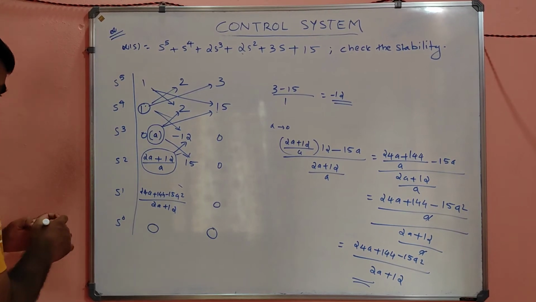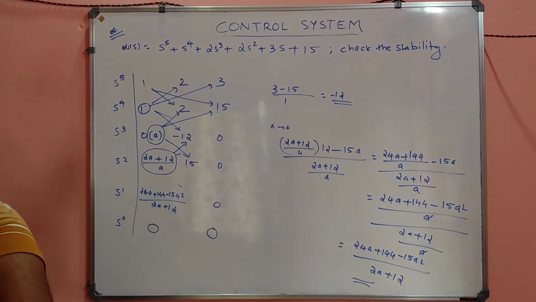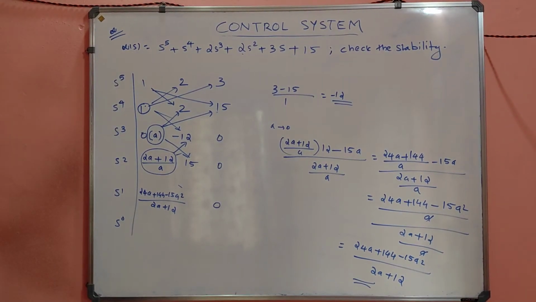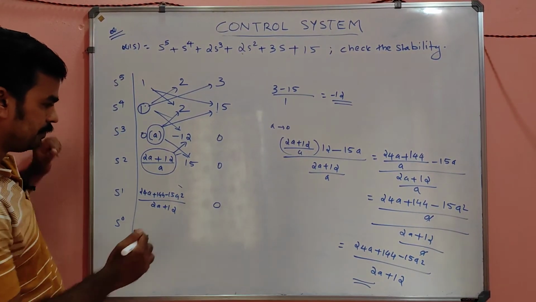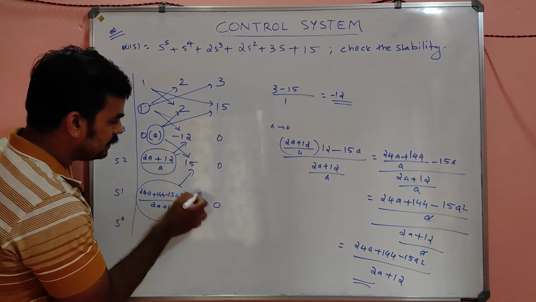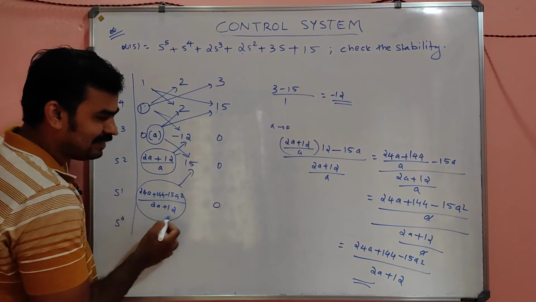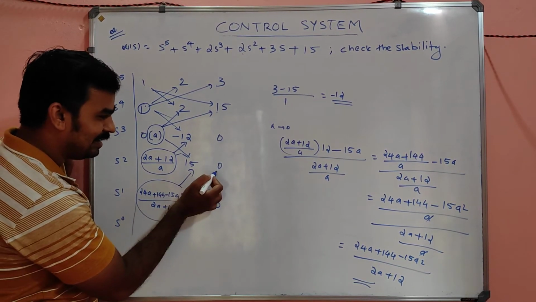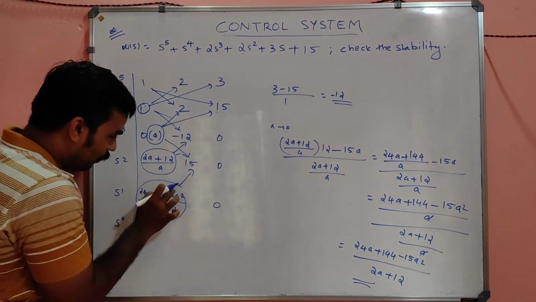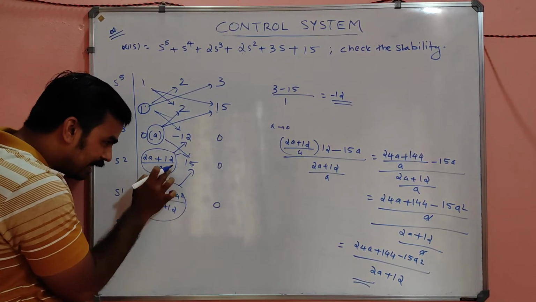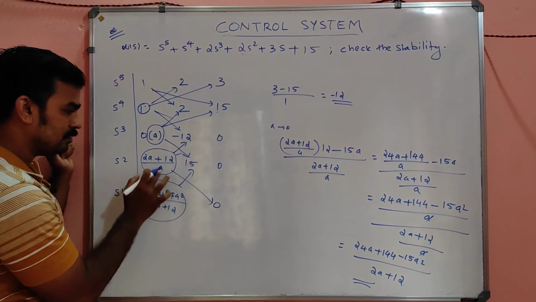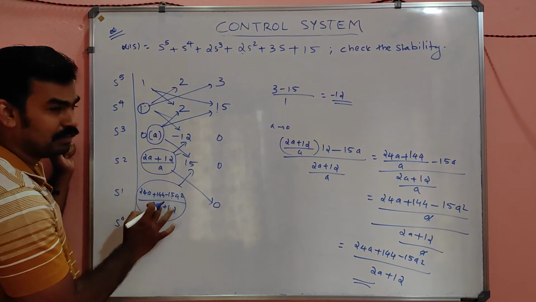No. Listen. This element will be what, my dear? This into this minus this into this divided by this. Correct? I mistakenly took 0. This into this, no, this into this minus this into this divided by this. So it will become divided by this means into 0, and divided by this means the same thing will remain there.